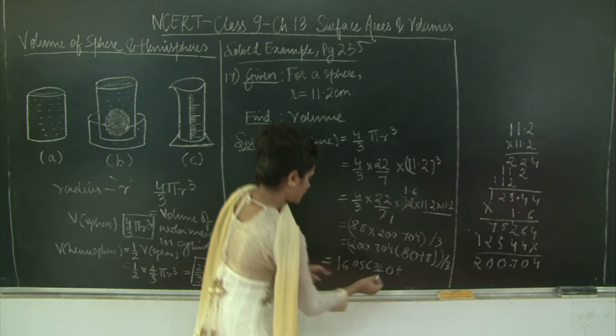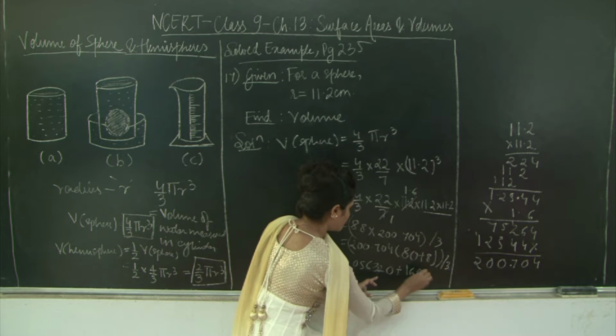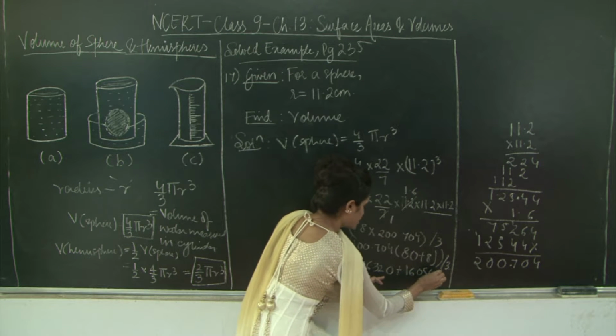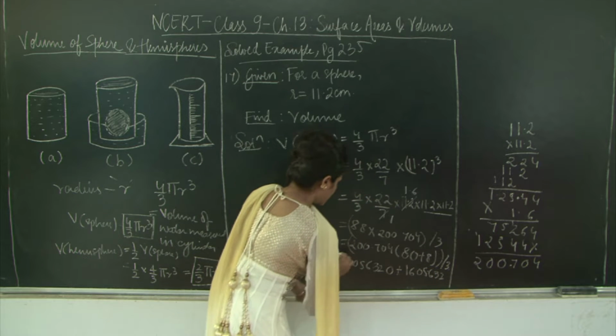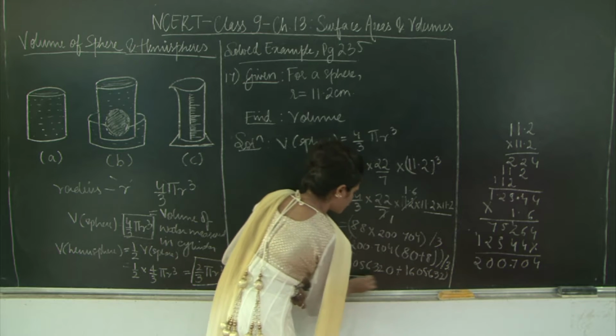Plus 1605632. And how many decimal places? 3. This entire thing divided by 3.